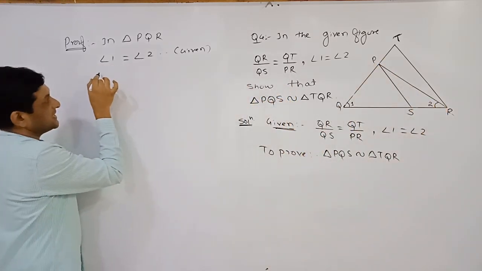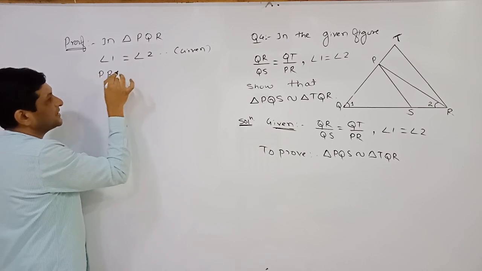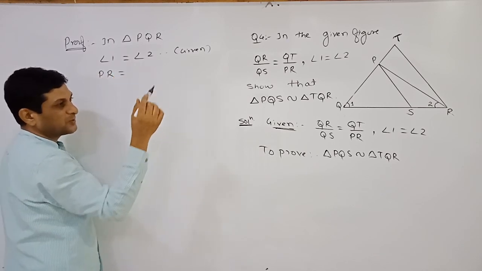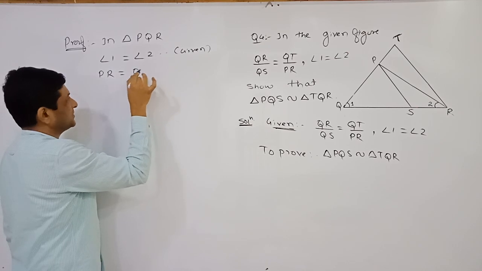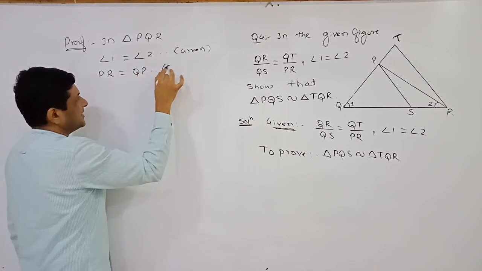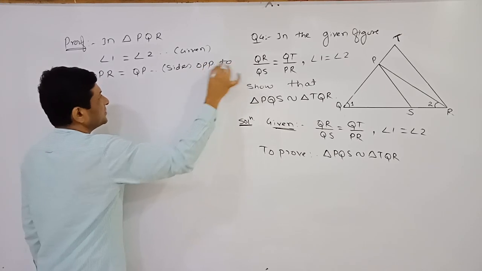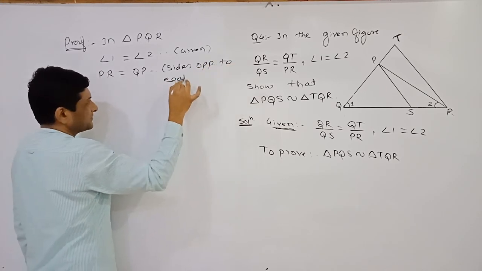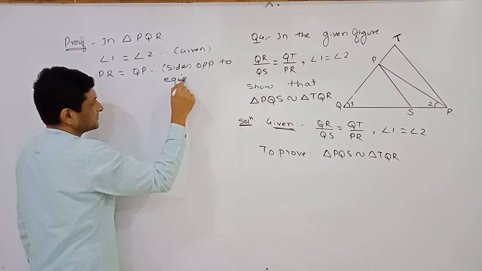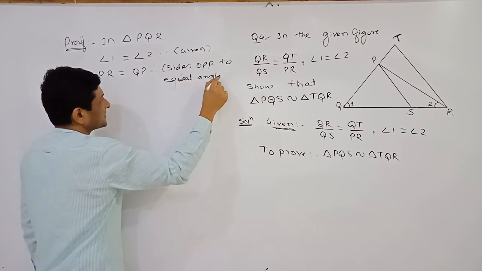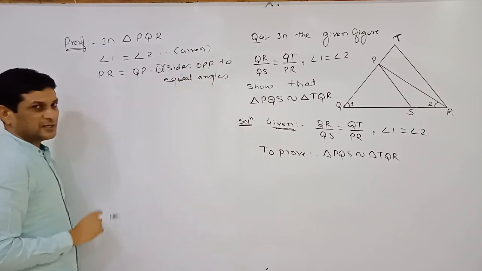So therefore PR is equal to PQ. PQ can be written as QP also, side opposite to equal angles. Let us denote it by equation number 1.